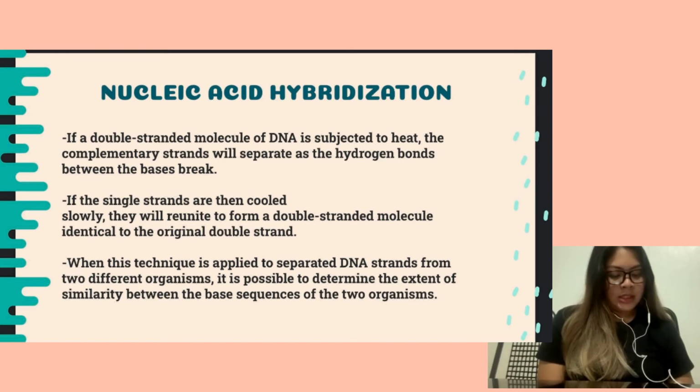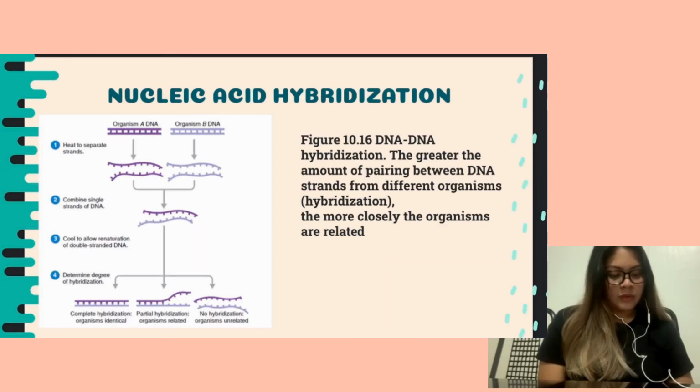And when this technique is applied to separate the DNA strands from two different organisms, it is possible to determine the extent of similarity between the base sequences of the two organisms. See in the figure, this is the DNA hybridization. The greater the amount of pairing between DNA strands from different organisms, the more closely the organisms are related.